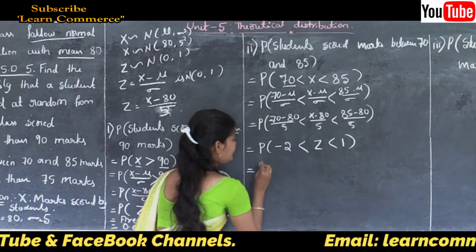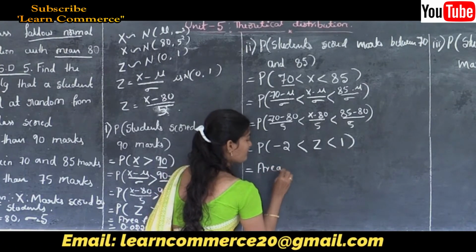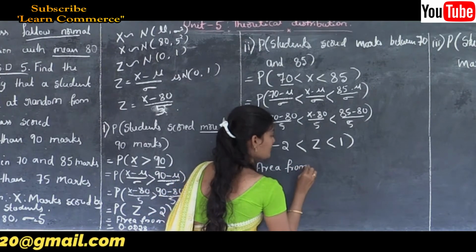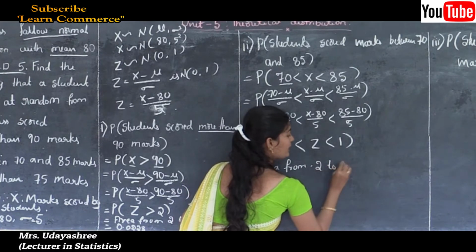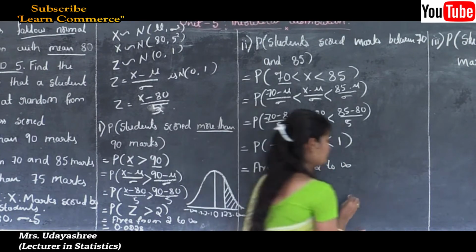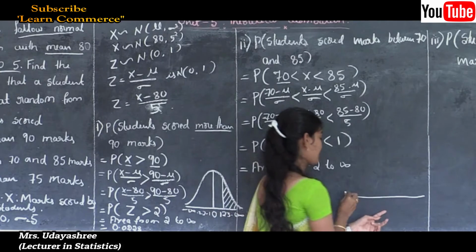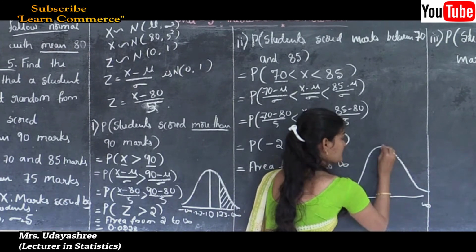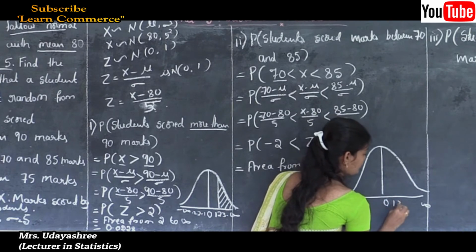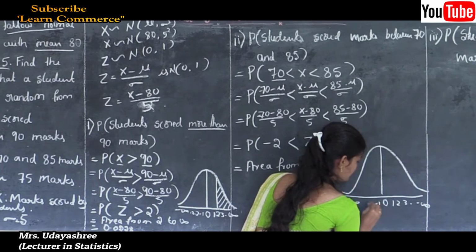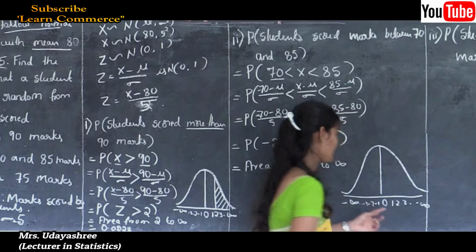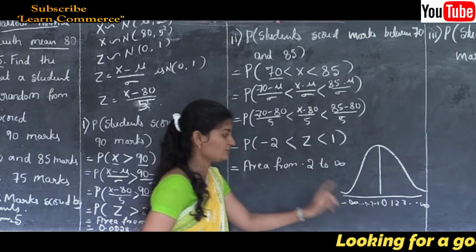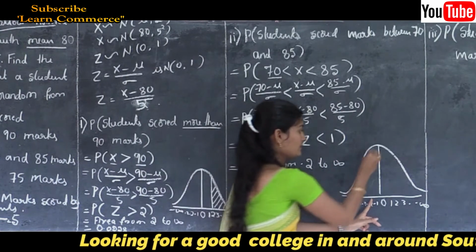So I will write it as area from minus 2 to infinity. Now let's see this area using the standard normal variate, which is symmetric about 0. See the first value, minus 2, is here.